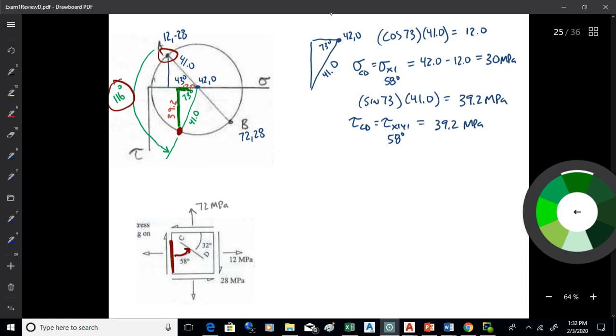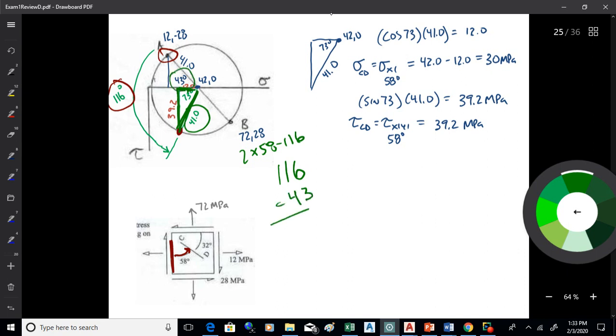Now, solving this thing out is based on right triangles. The hypotenuse of the triangle is the radius of the circle. I know the hypotenuse is the radius, that's 41. I want to know what angle that thing acts at. So I'm going to take the 116, which is twice 58, and go counterclockwise, but 43 will get me to the x-axis.